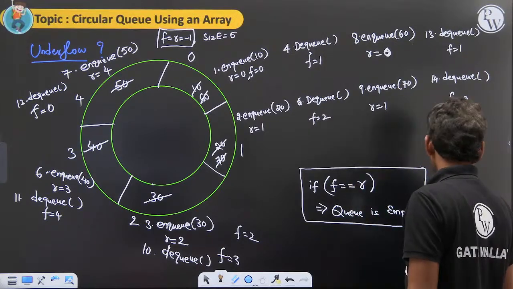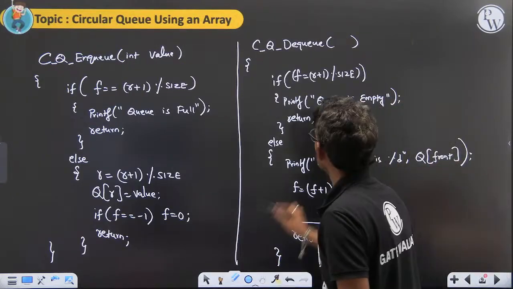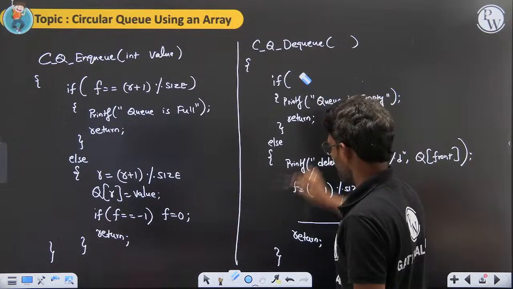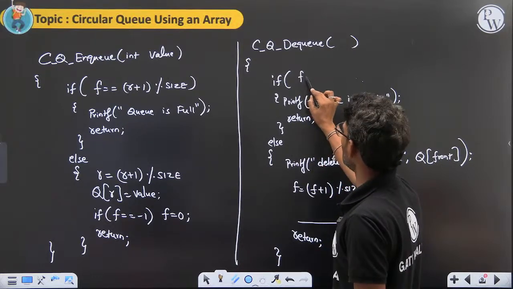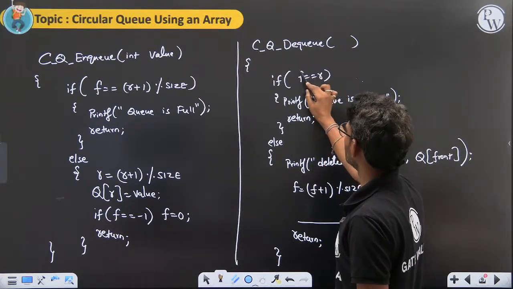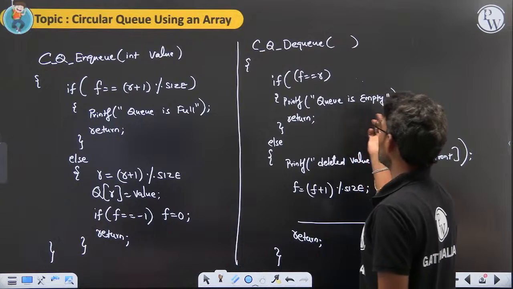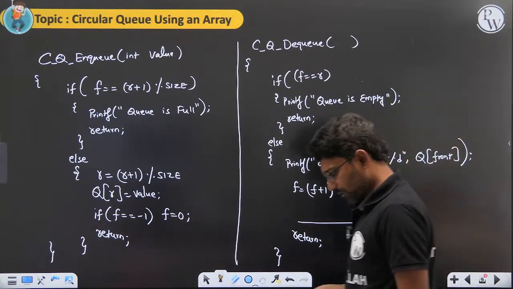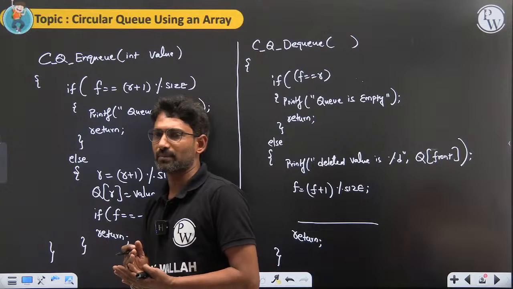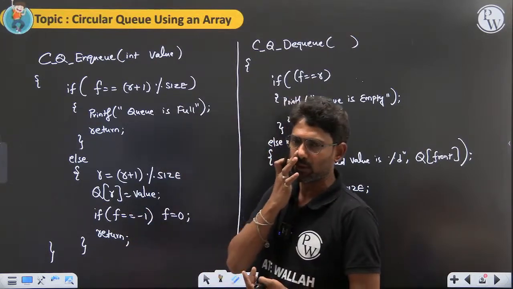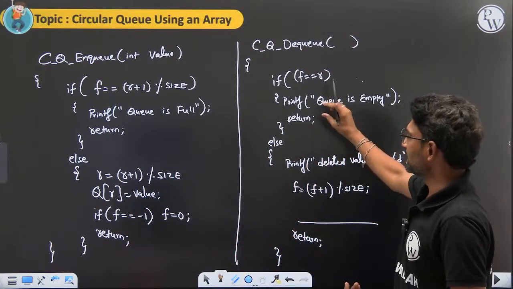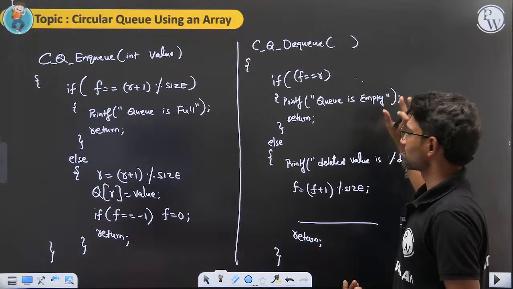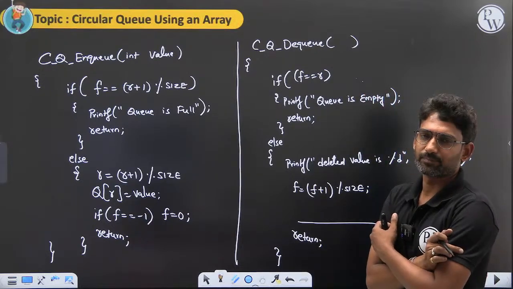Oh, sorry, queue is full. If front is equal to rear, I am saying queue is empty. But when front is equal to rear, front can also be 0, rear can also be 0. Then without deleting that value, it will simply print queue is empty.